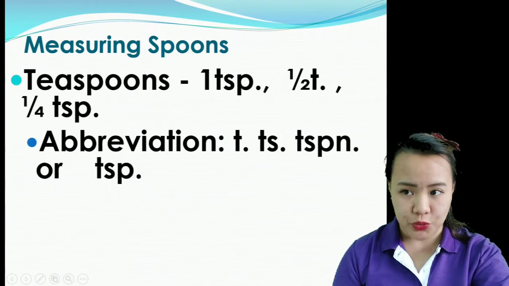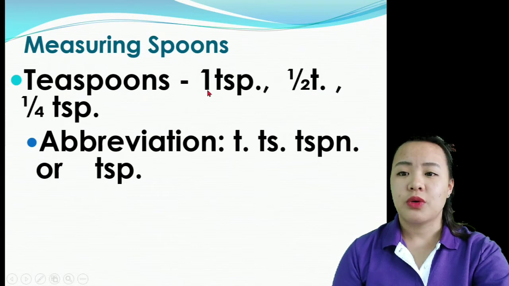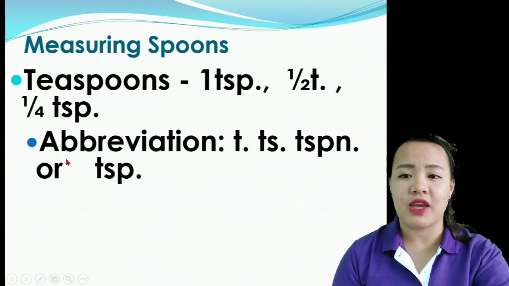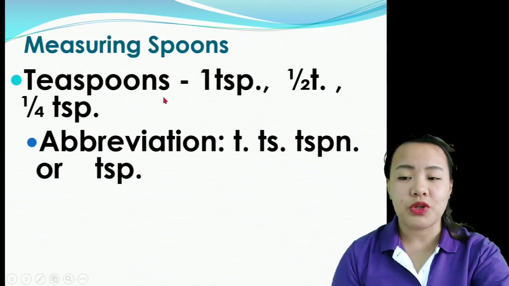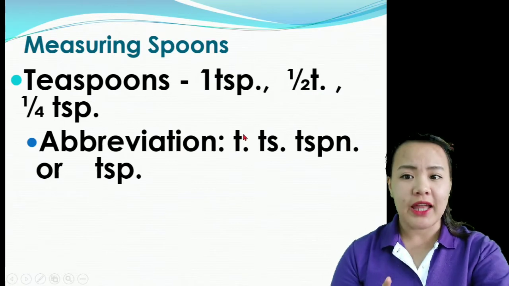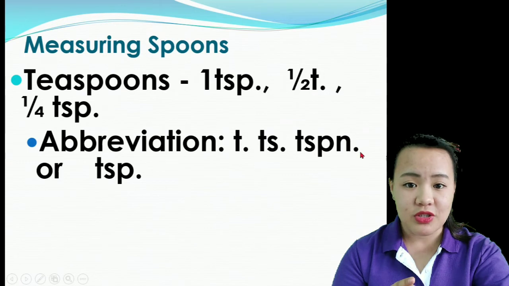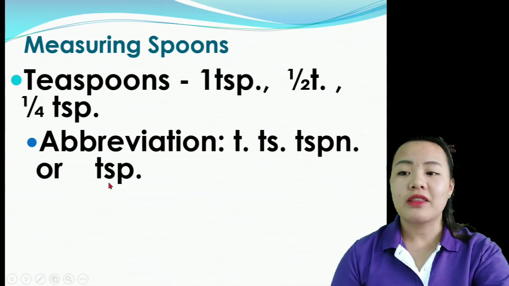Measuring spoon. We have a teaspoon: 1 teaspoon, 1/2 teaspoon, 1/4 teaspoon. So what is the abbreviation, or the shortcut, for teaspoon? It's either a small letter t with a period, ts with a period, tspn with a period, or tsp.